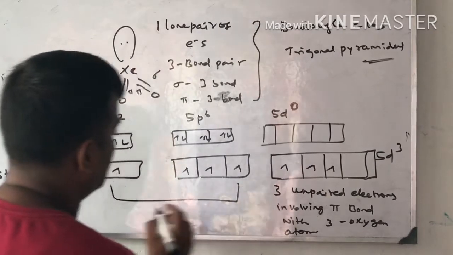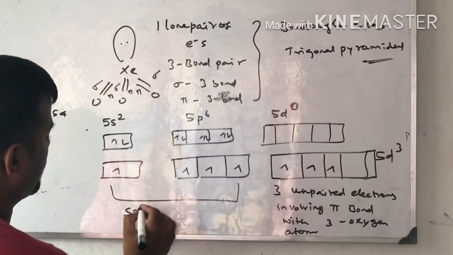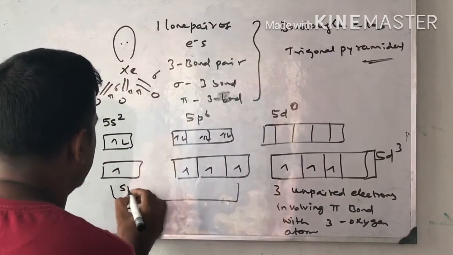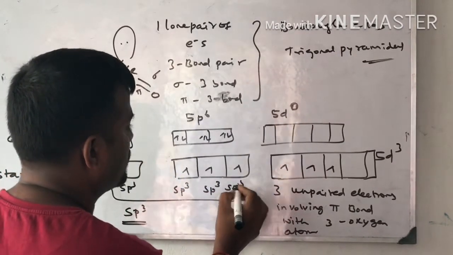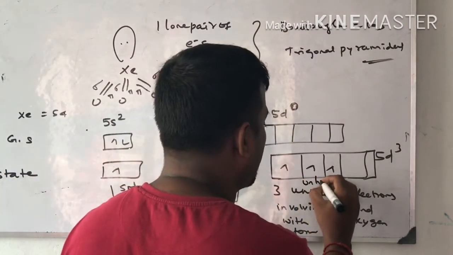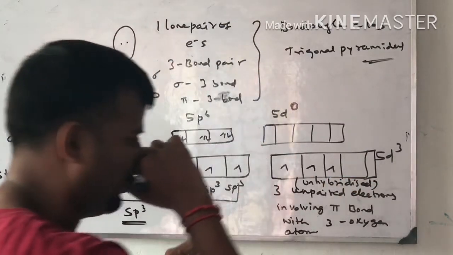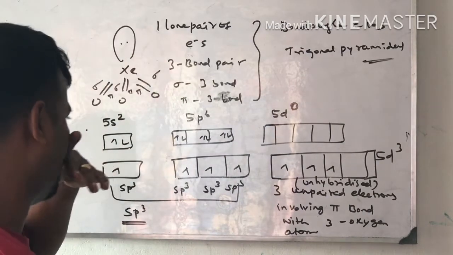The structure is sp3 hybridization. One s orbital and 3 p orbitals undergo hybridization, therefore sp3, sp3, sp3, sp3. These 3 are unhybridized. They are not involved in any hybridization but are involved in pi bond formation with 3 oxygen atoms.